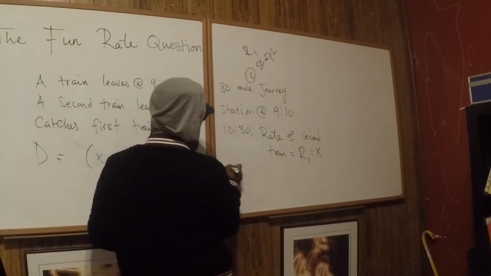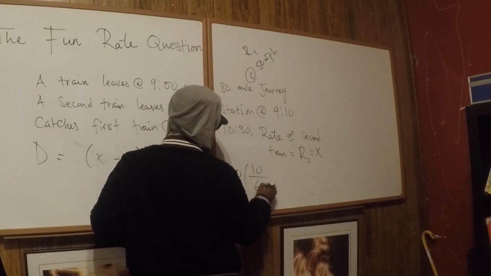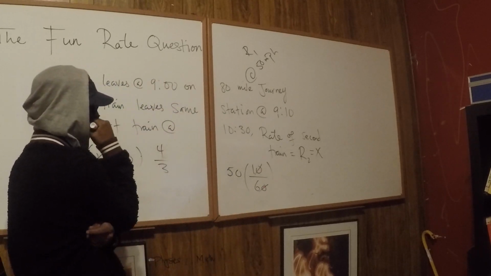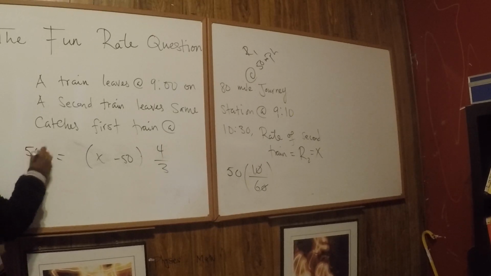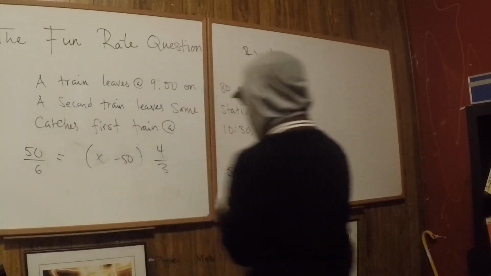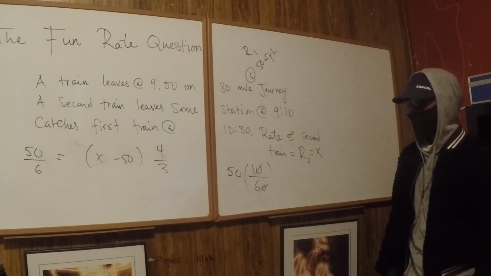So that's 50 miles per hour times 10 minutes in hours, which is 10 over 60. Cancel that, 50 over 6. So I'm going to write 50 over 6 miles, right? What's that, a little less than 10, right?